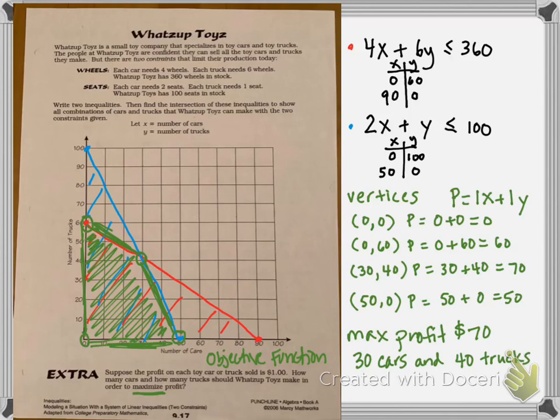So given the constraints for our wheels and our seats, we were able to write some inequalities, and check out those vertices of the feasible region in order to plug those vertices into our maximum profit equation in order to figure out what's best to make What's Up Toys make maximum profit. All right, I think that's all I have.